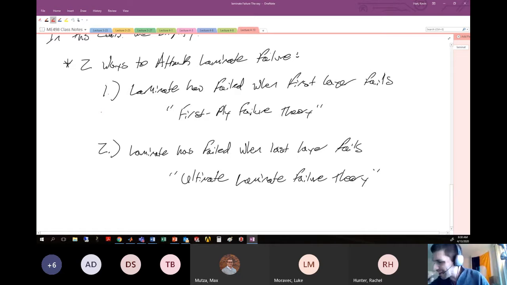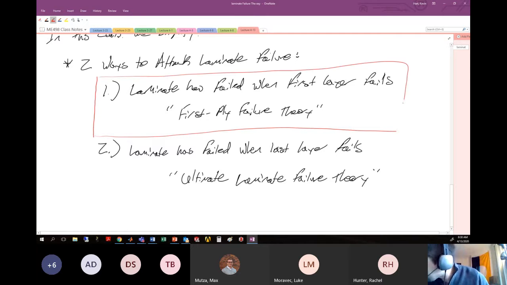All right. This is the one we're going to do in this class. So we're going to focus on first ply failure theory. And lucky for you guys, first ply failure theory is more simplistic, easier. The reason that it's easier is you just look at the full laminate and predict only when the first ply has failed.